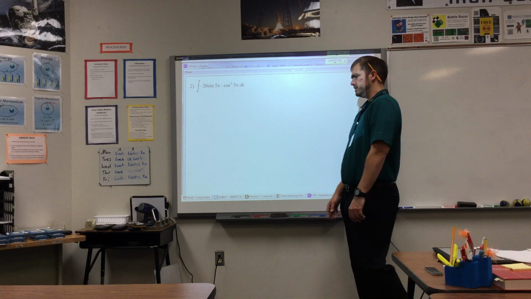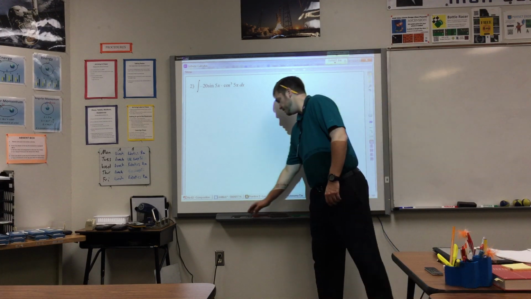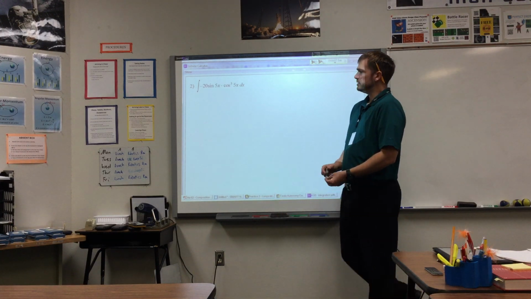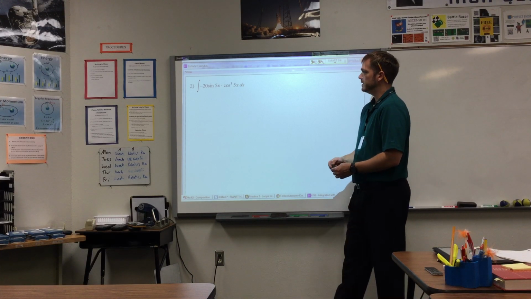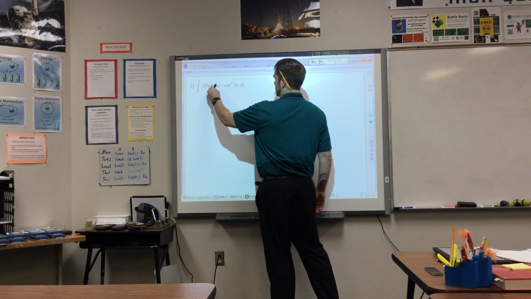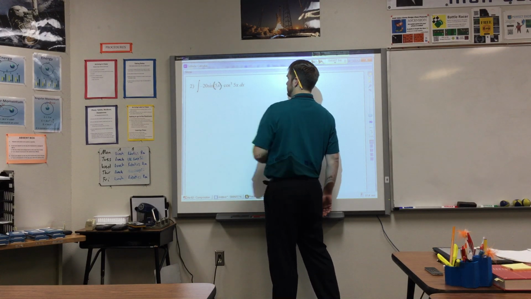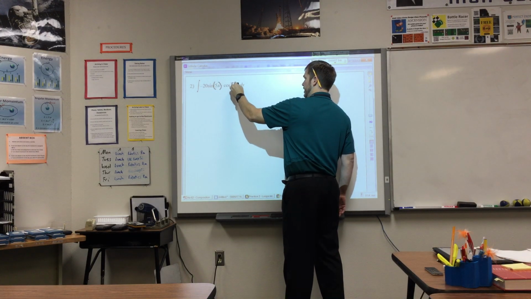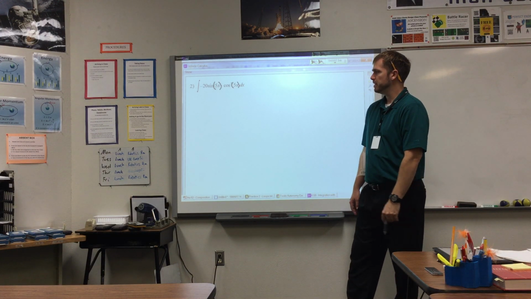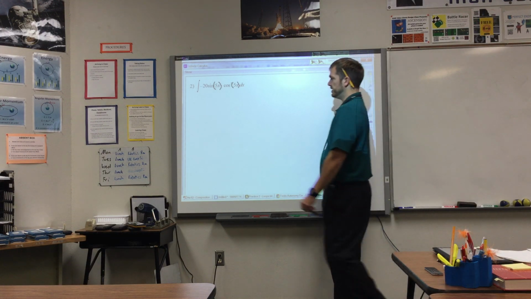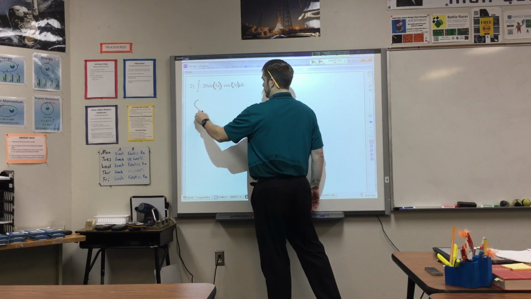All right. So let's look at number 2. Number 2 says the integral of negative 20 sine of 5x times cosine cubed of 5x dx. Now I'm going to put some parentheses around this to make it a little bit more clear. In fact, I'm going to even rewrite this here.